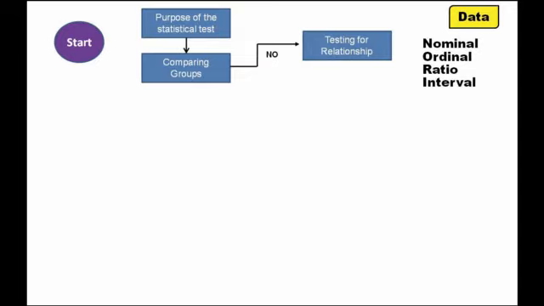Mahalagang malaman natin kung ano ba talaga ang uri ng data na nakukolekta natin. When we talk about nominal, these are type of data wherein it focuses on the classification. Example, religious affiliation, that's the name. Walang mataas, walang mababa.